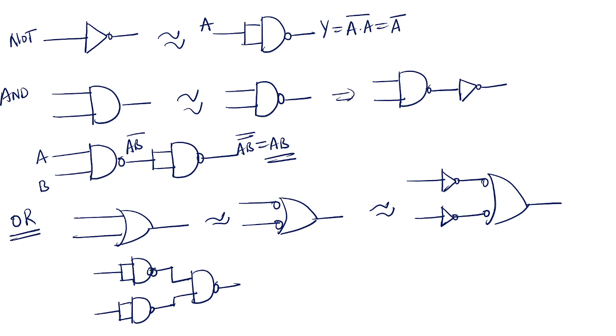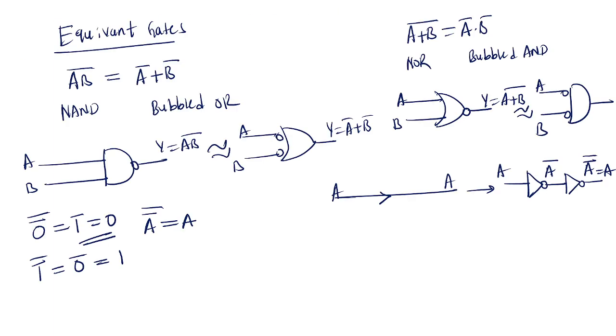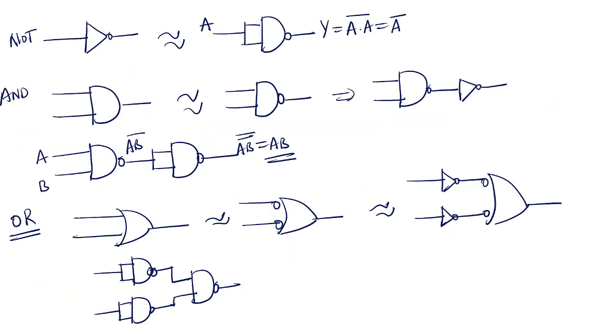NAND gate. We have already seen the equivalency of gates, the bubbled AND equal to NAND. So this is A and this is B. Here you are getting A bar and this is B bar. A bar and B bar whole bar.